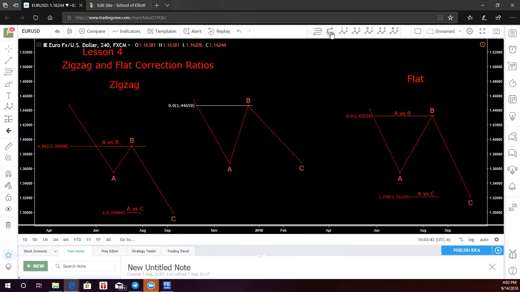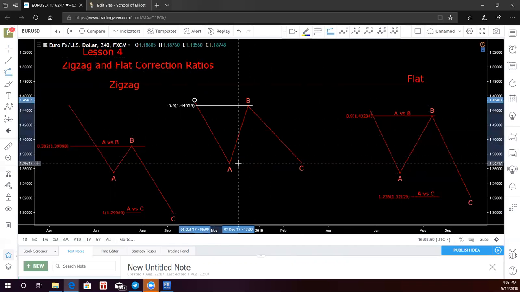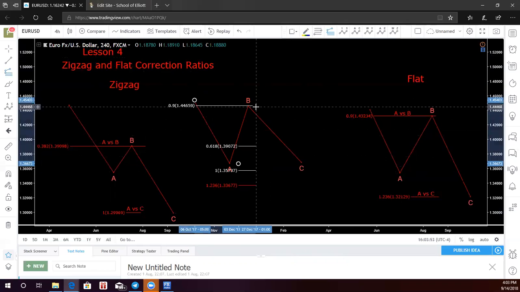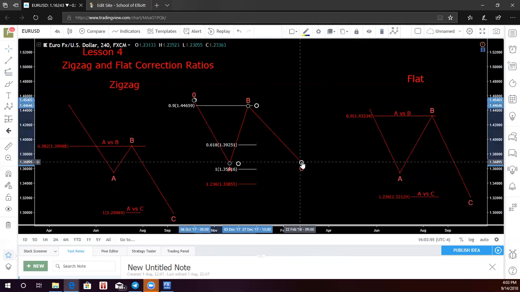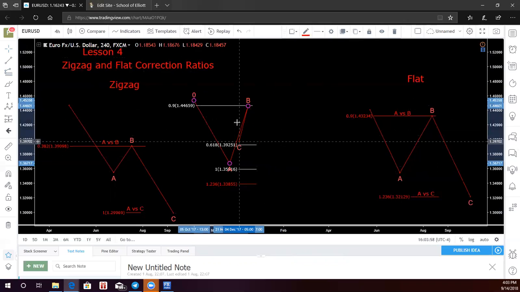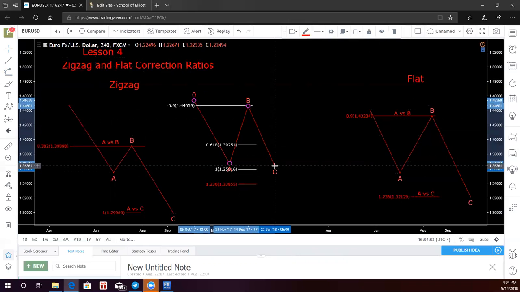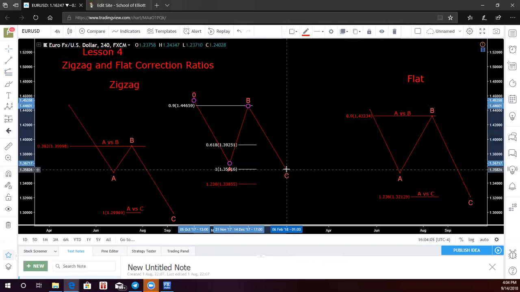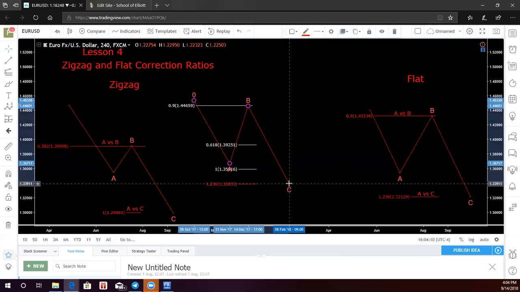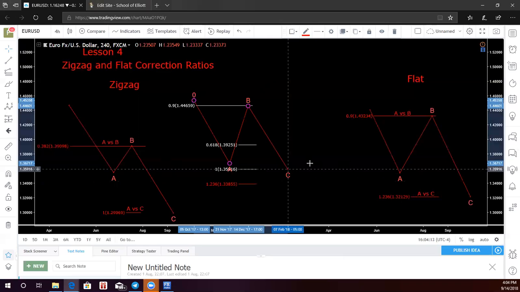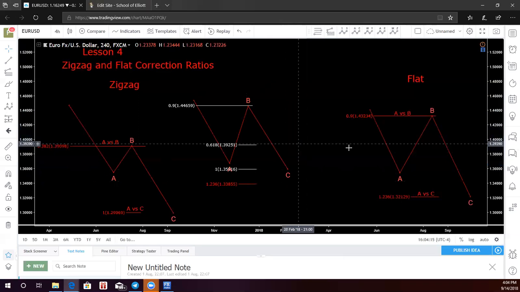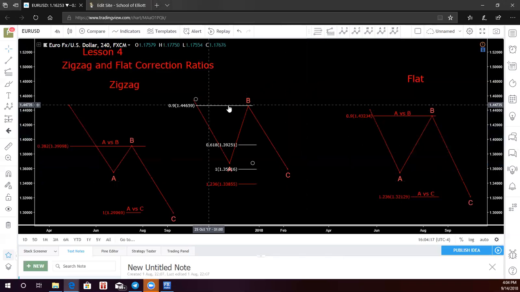Now to find C, it's pretty much going to follow the same ratios as a regular zigzag on C. It's either going to hit the 0.618, but for a regular flat, we already know that C has to surpass the endpoint of A. So in this case, it will either be the 100% or the 1.236. For this one, we're going to put it at the 100%. And there's that.